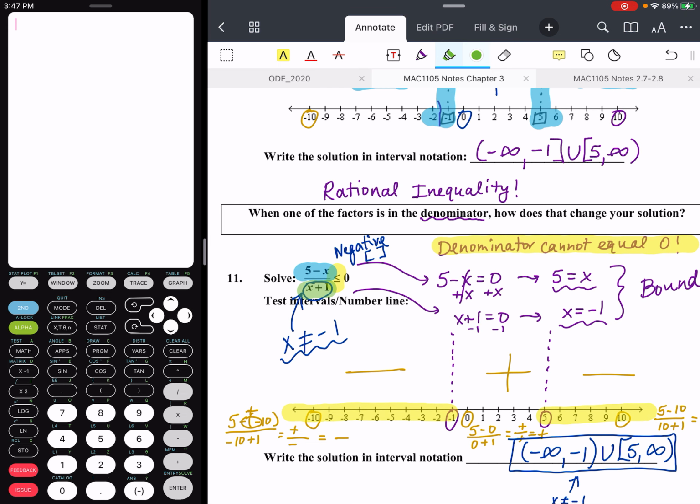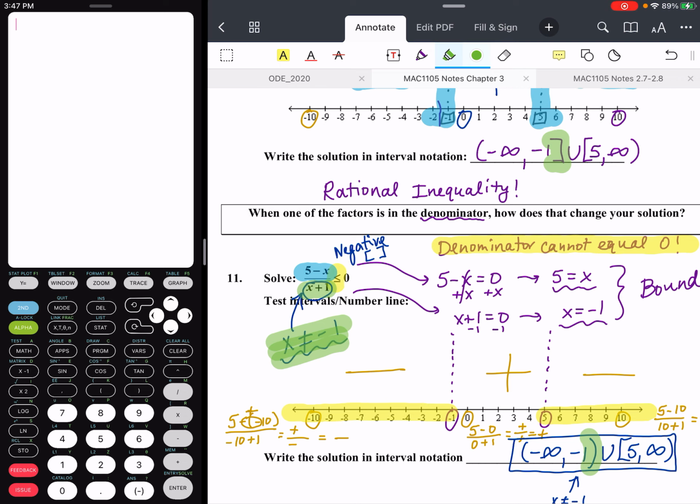And notice that the difference between these two solutions is for my polynomial inequality, I have a square bracket here at -1. With my rational inequality, I have a rounded parenthesis here at -1. The difference between the two is, with a rational inequality, there's that extra restriction that your denominator can't equal 0, so x can't equal -1.